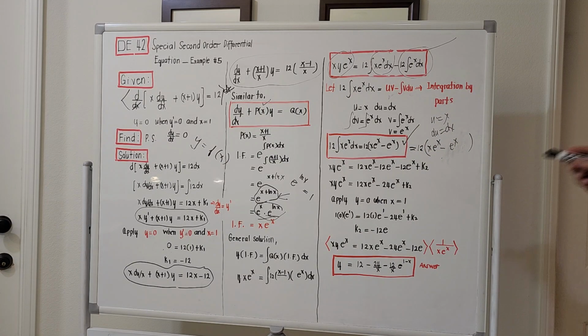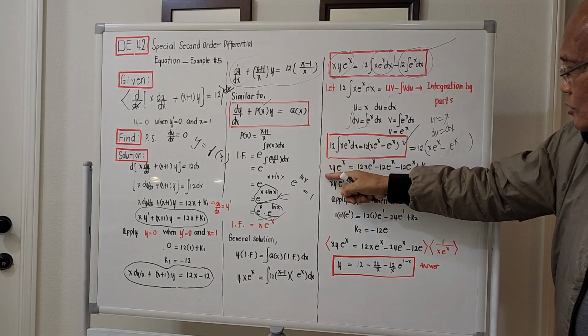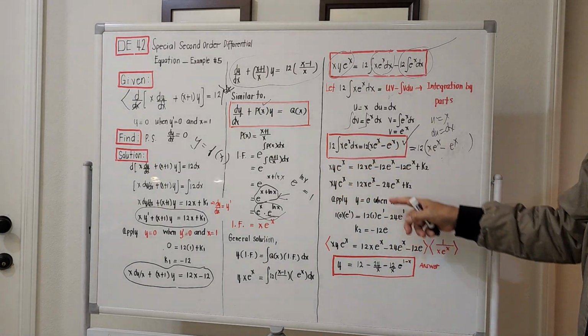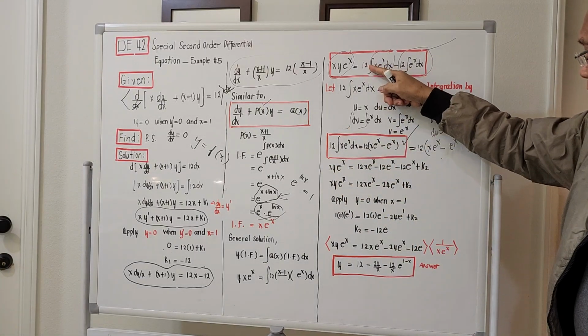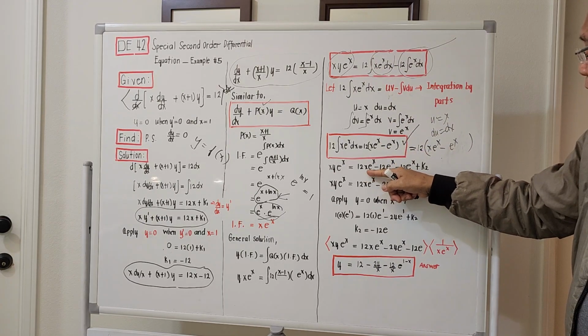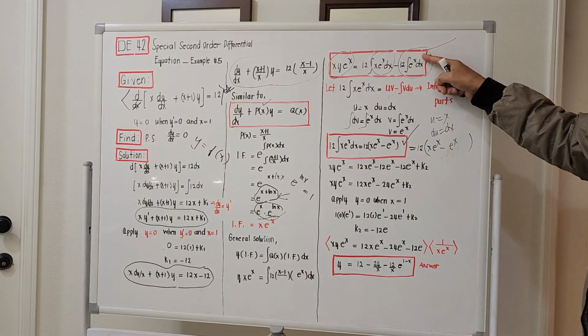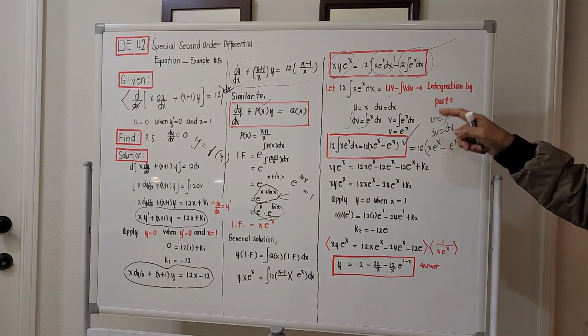So if we now continue the solution, we'll go back here. This is xy e to the x equal to the integral of this one here, which I expanded already: 12x e to the x minus 12 e to the x. The integral of this is minus 12 e to the x.